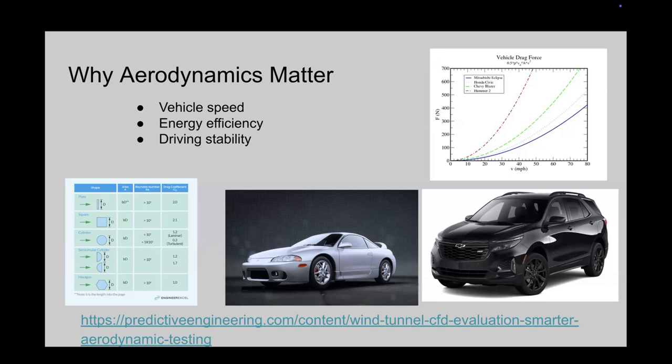For the solar car, the energy is not infinite; it's limited. And aerodynamics also affects stability, especially at higher speed or in crosswind. So when you have great aerodynamics, it can help your car be more stable in different environments or face side winds like that.